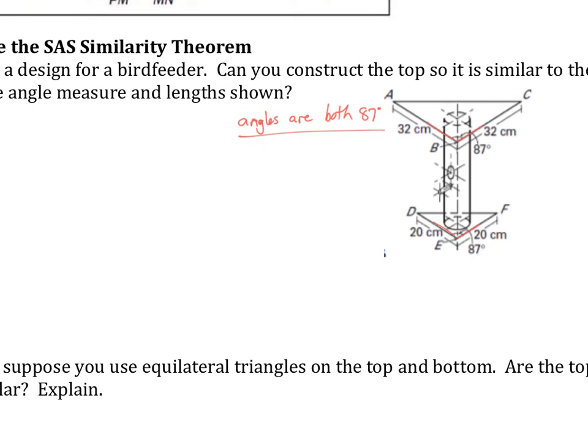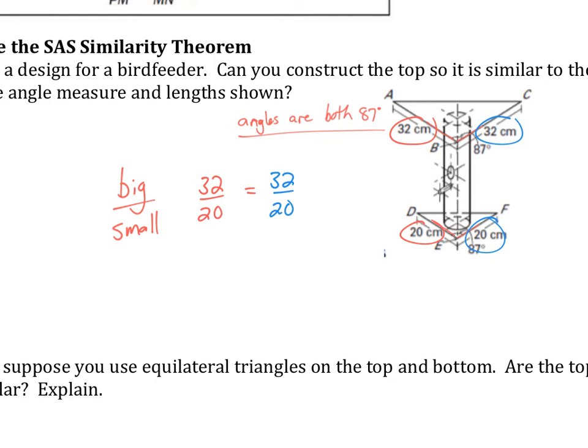Now, if we set up the ratios, the ratio we use would be big over small, big triangle over small triangle. So we have 32 over 20. Is that equal to 32 over 20? This is true. So those two fractions or proportions are equal to each other. 32 over 20 does equal 32 over 20.